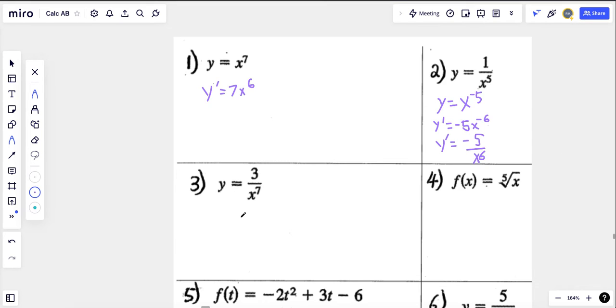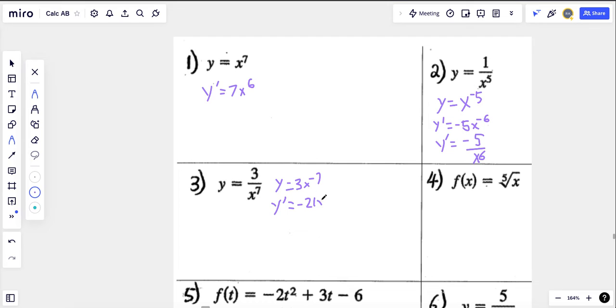Okay, for this one, first we write this as a negative exponent. Okay, now you take the derivative using power rule. So the negative 7 comes down here, and then you have 3 times negative 7. So you have negative 21 down here.